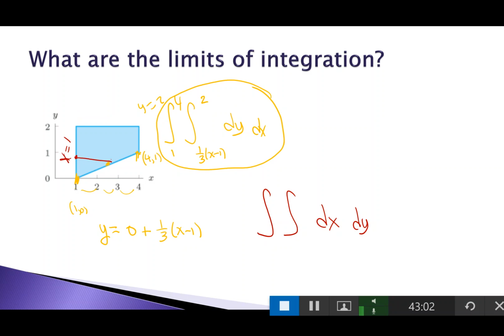And I go to the right. Oh, I have two different functions that cut off the right-hand side. So because of that, here's how I'm going to handle it. I'm going to break this into two pieces. Let me call this one A and this one B. So I'm going to have to do two integrals.